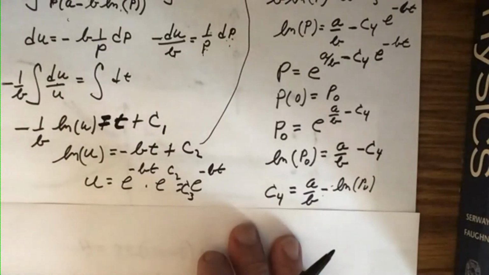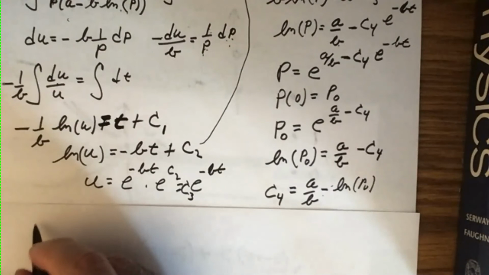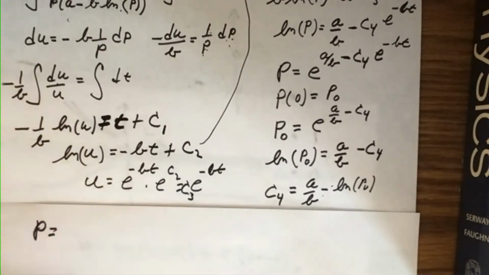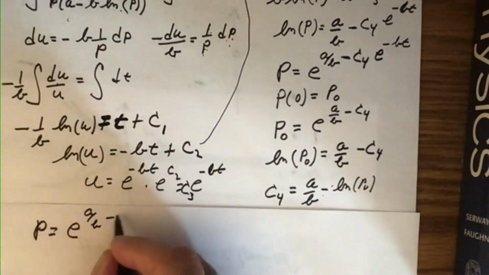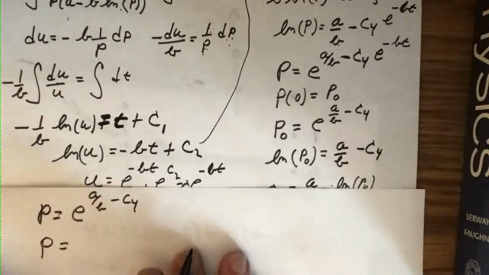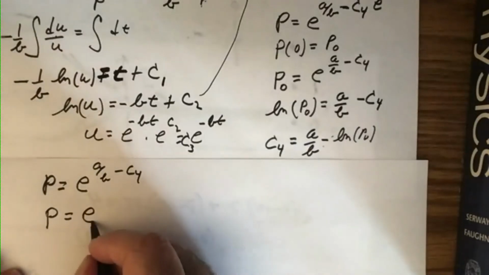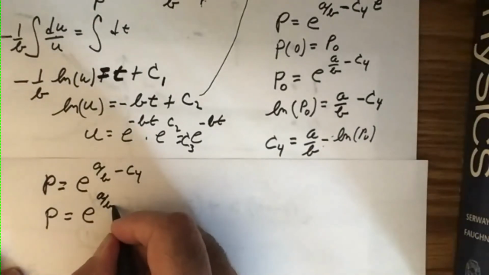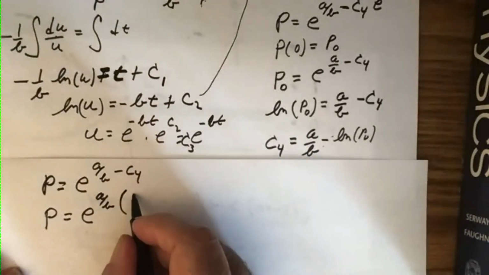So my final answer, let's see. I forgot what C4 is. Yeah. So my final answer is, well, let me write P is equal to e to the a over b minus C4. So the final answer is P is equal to e to the a over b, and then C4 is a over b.